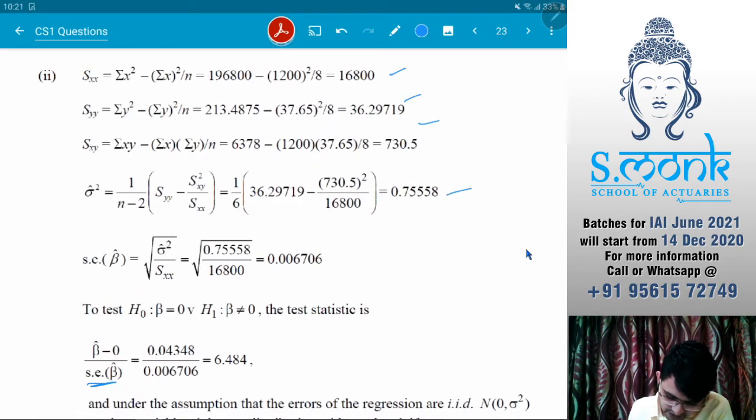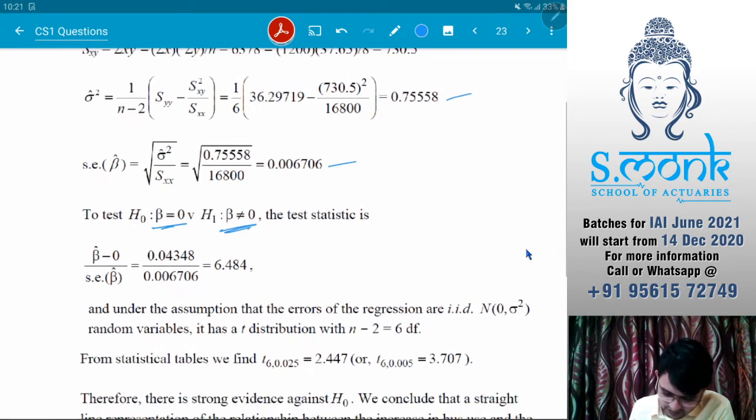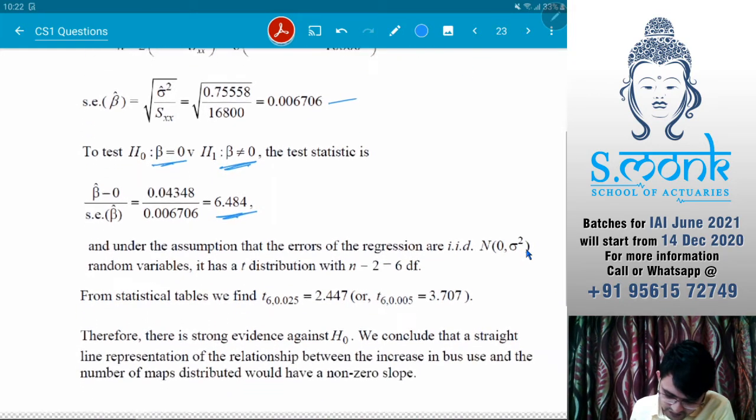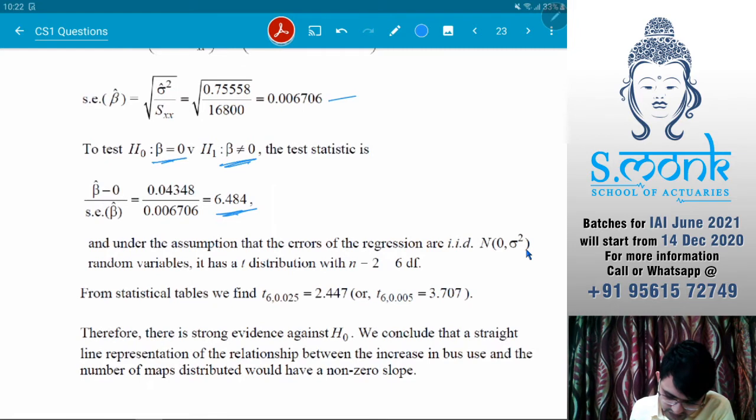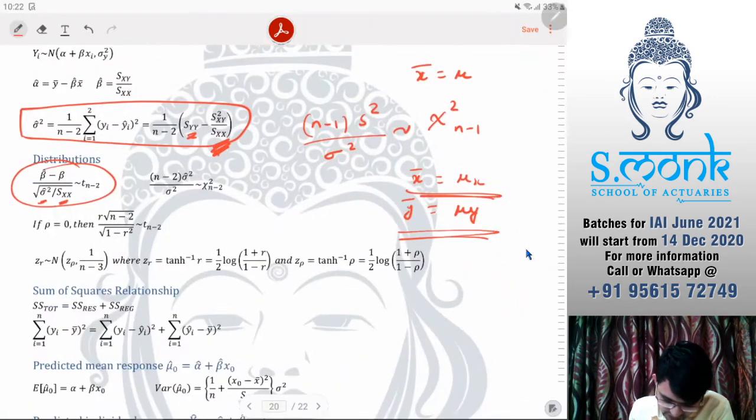Sigma hat square, and that becomes your standard error. So your test statistic, where beta is equal to 0 versus beta not equal to 0. Test statistic is this. Just find the p-value. You can see it will be t with n minus 2 degrees of freedom.